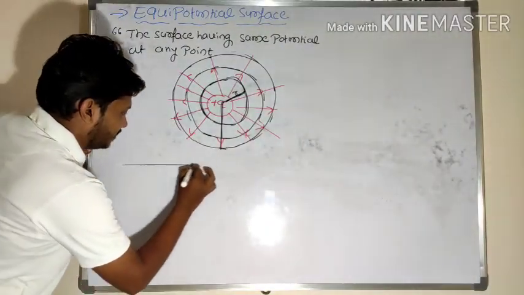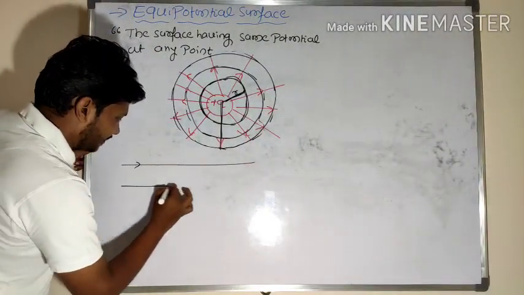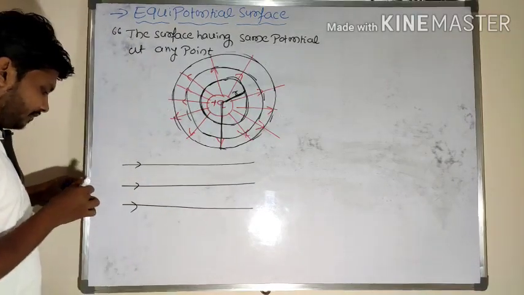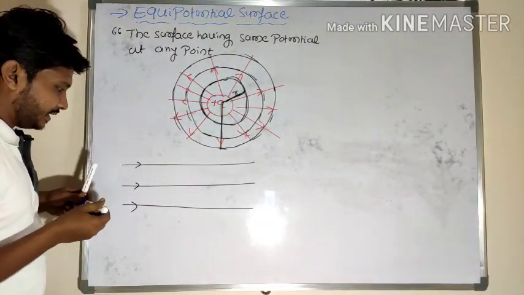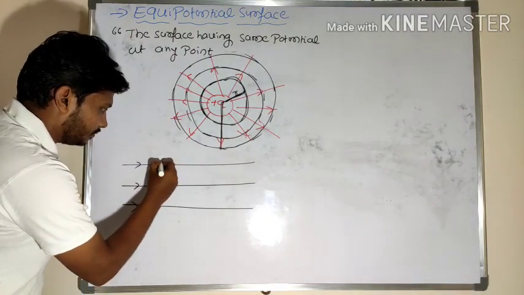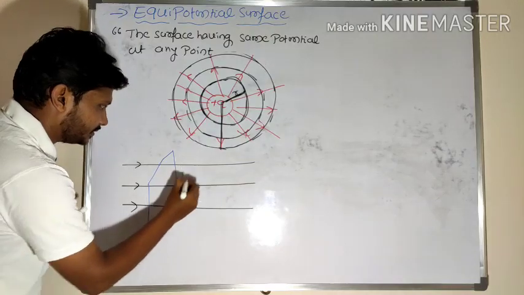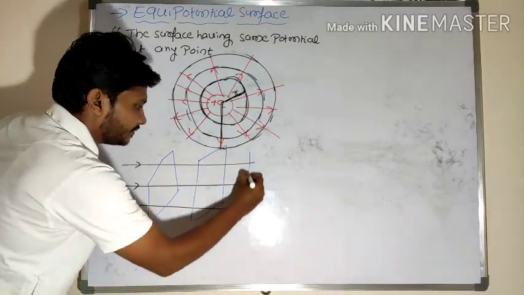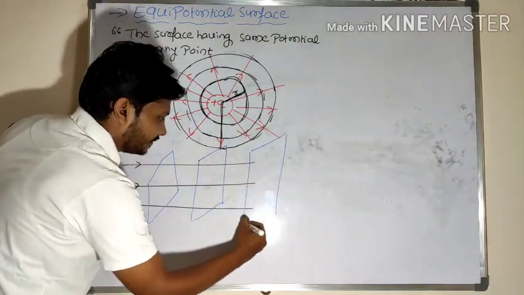So for example, these are all the electric field lines I will consider. For example, I will choose these surfaces: this is one surface, this is another surface, and this one is the third surface.